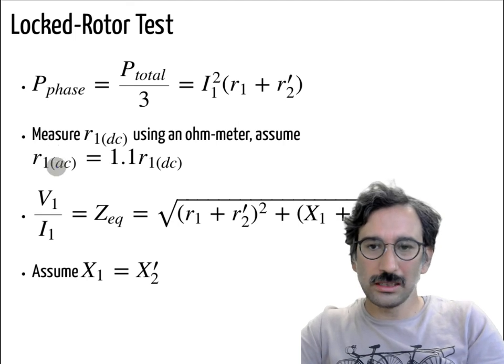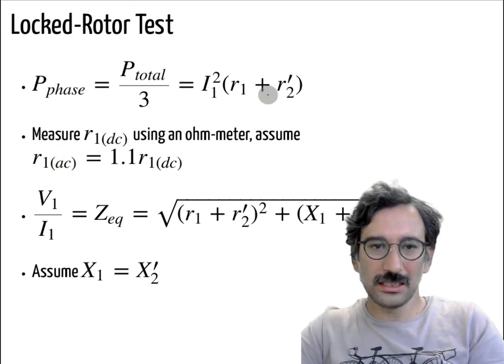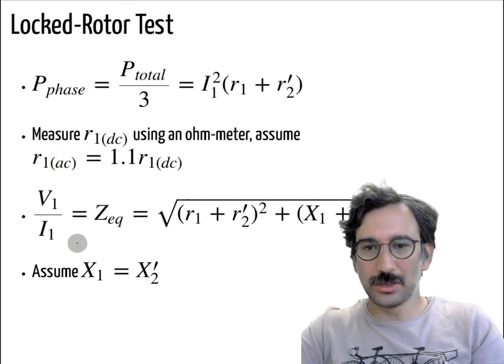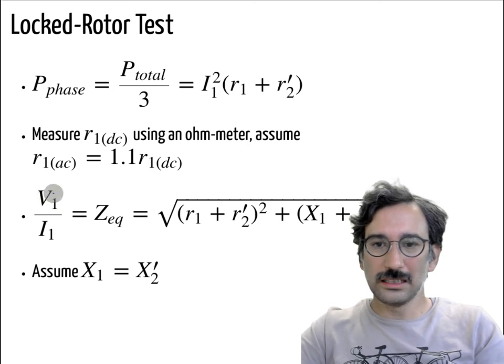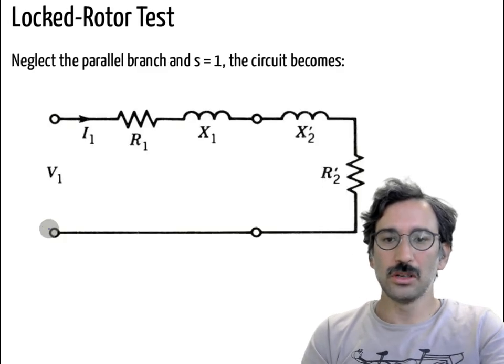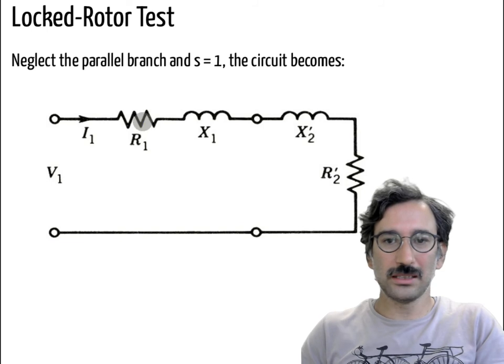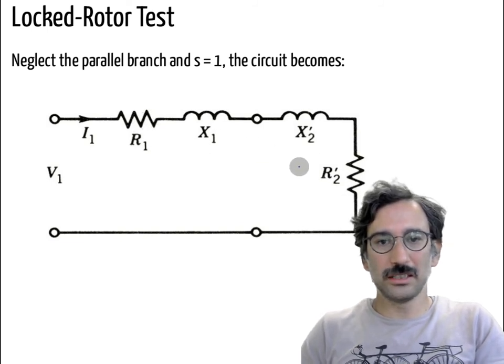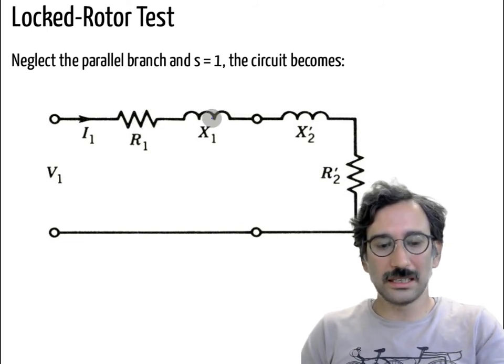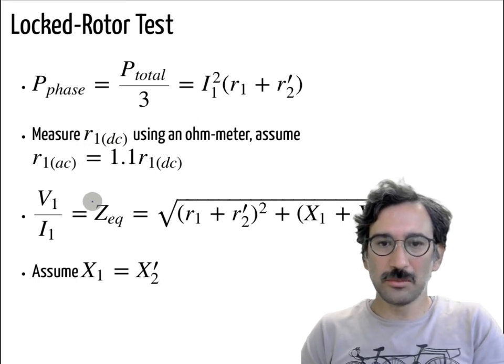Okay, so you can calculate the R1 and then you can estimate the R2 prime. Then you can divide V1 and I2 to calculate the equivalent impedance, and you already know R1 and R2, so you can get X1 and X2 prime.